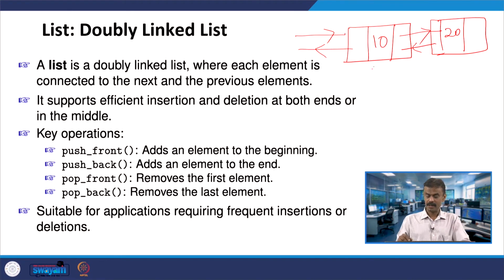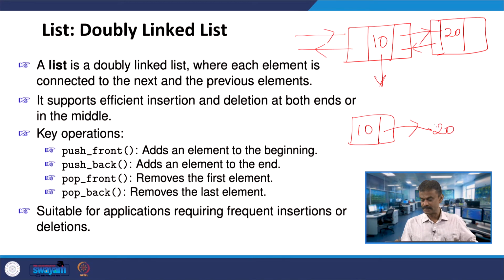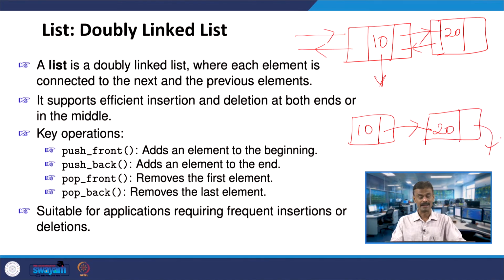So, you will have a data and then the pointers. One pointer is pointing in, another pointer is going out, all right. So, this is happening in the 2 directions. Usually a singly linked list will be like this, 10 and then the link will be like this, only one direction, the pointer will be pointing to one direction.